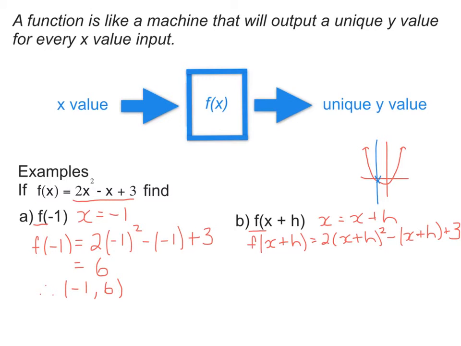And so now we are just simply required to expand the expression given and simplify it as much as possible. So working from left to right, we would have 2x squared plus 4xh plus 2h squared minus x minus h plus 3. There are no like terms in this expression, and so therefore it cannot be simplified further.